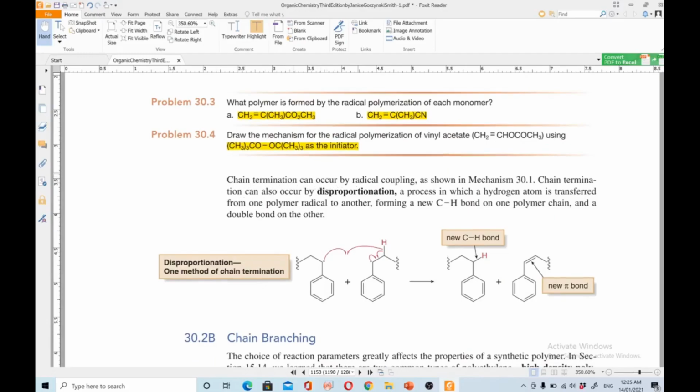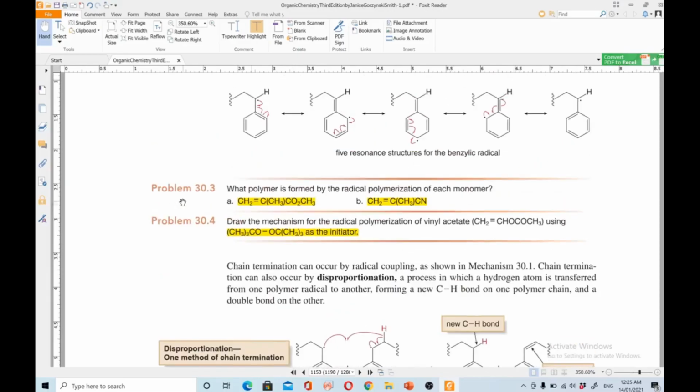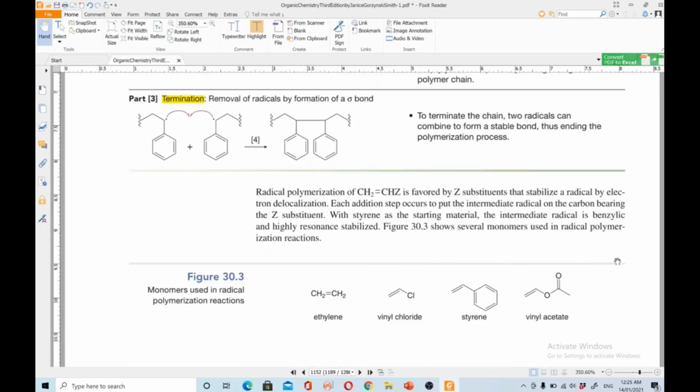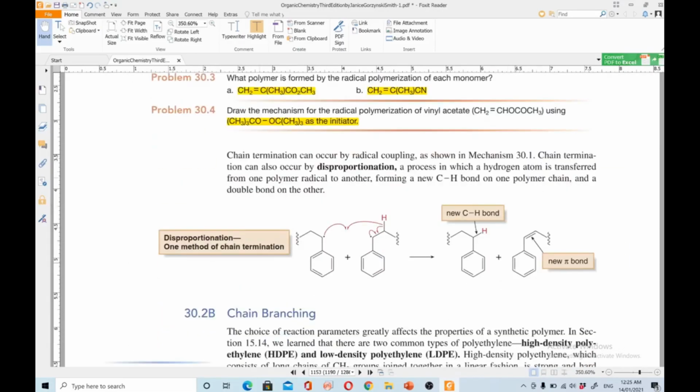Chain termination can occur by radical coupling as shown in mechanism 30.1. This is called radical coupling. Chain termination can also occur by disproportionation, a process in which a hydrogen atom is transferred from one polymer radical to another, forming a new CH bond on one polymer chain and a double bond on the other.